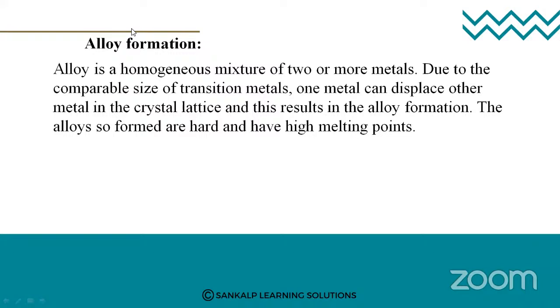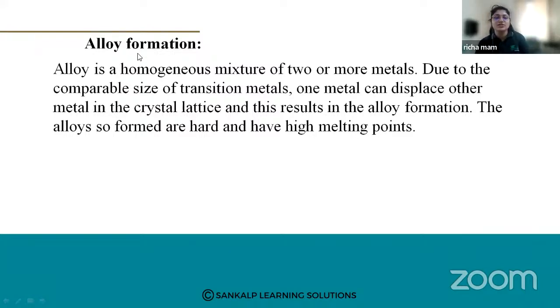So an alloy is a mixture of two or more metals. Because these transition metals have almost the same size, one metal can be displaced by another metal in the crystal lattice, and thus we can form alloys.